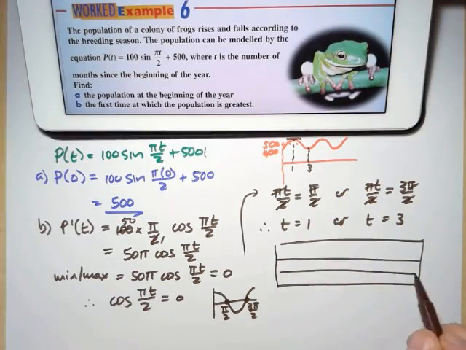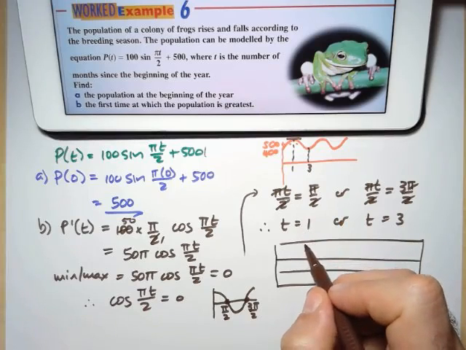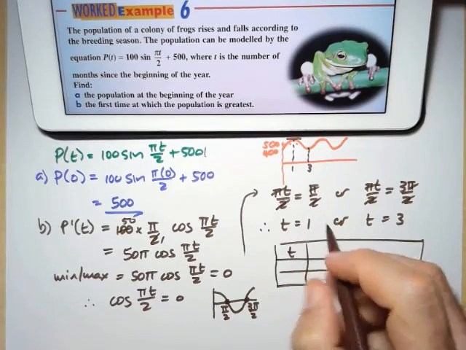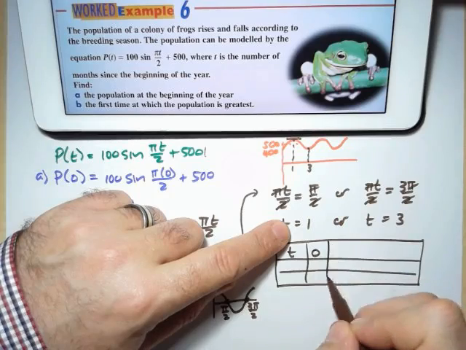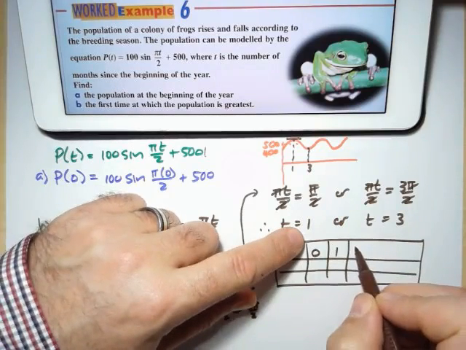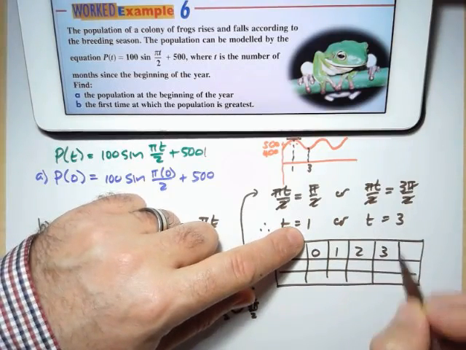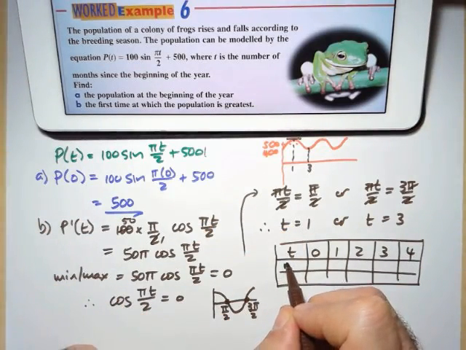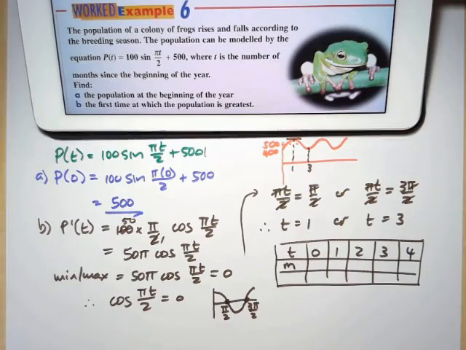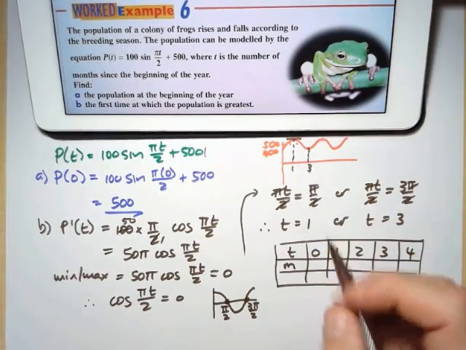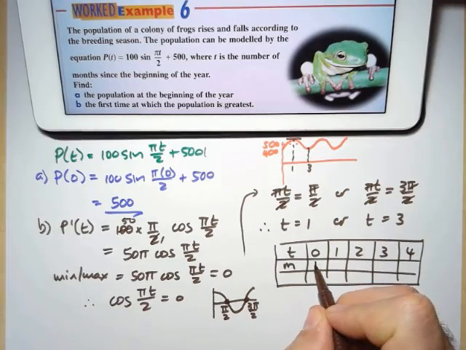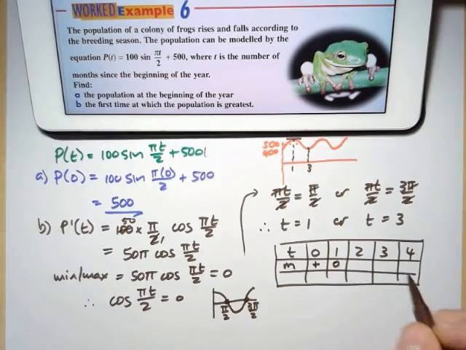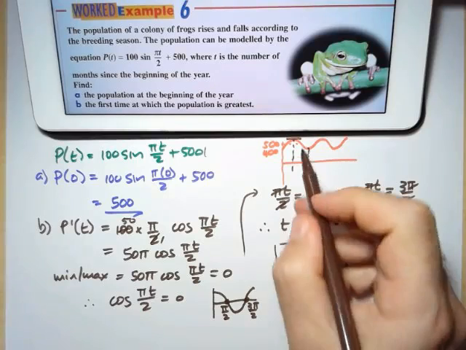So I'm going to say this is t at 0, t at 1, t at 2, t at 3, and t at 4. What's my gradient? I know that my gradient there is going to be positive. My gradient is 0 at t equals 1.